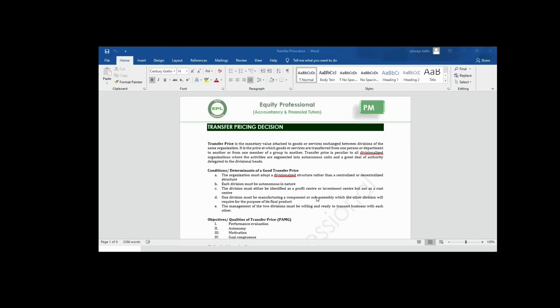Then we shall look at methods of transfer pricing, and we shall round up the topic with identifying the ideal transfer price. So we have like 6 outlines to be discussed. One is, what is transfer price?